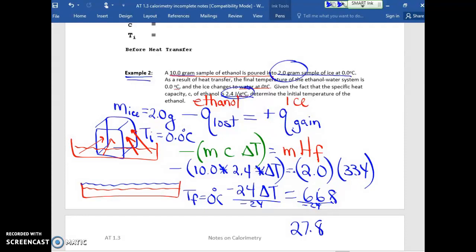That's going to be a negative 27.8. So very quickly, change in temperature is equal to the final temperature minus the initial temperature. If the final temperature is 0, and we're solving for the initial temperature, and this is a negative 27.8, then I'll have to settle this.